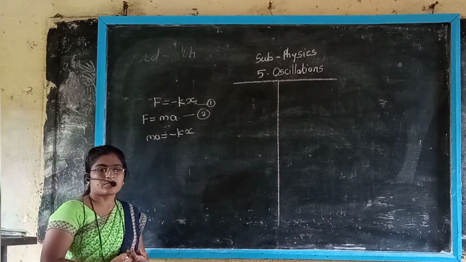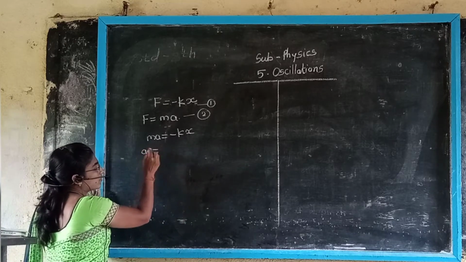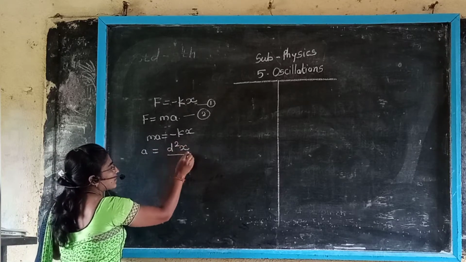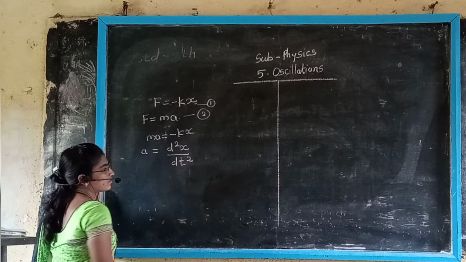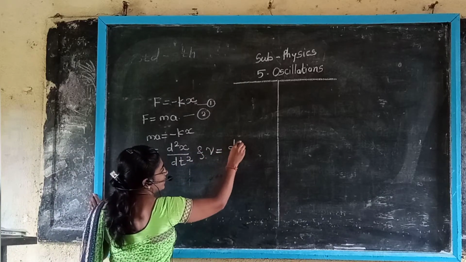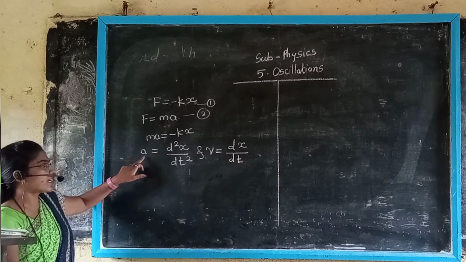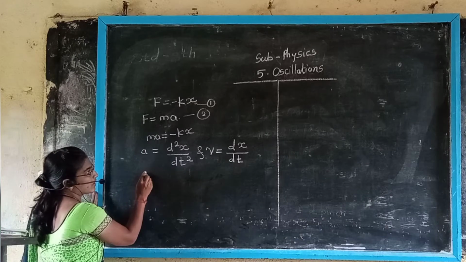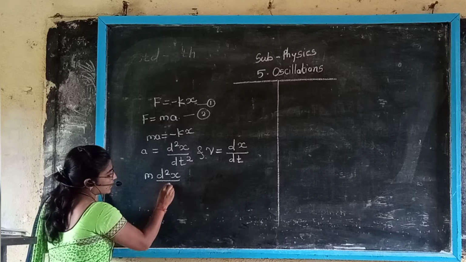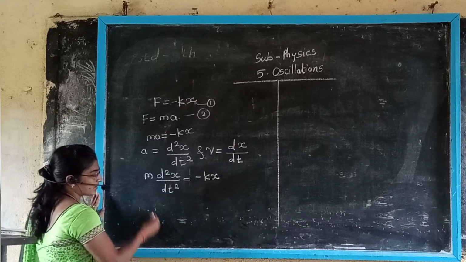For SHM, we know that the acceleration is equal to d2x by dt square and velocity is equal to dx by dt. Substituting acceleration in this equation, we get m d2x by dt square is equal to minus kx.